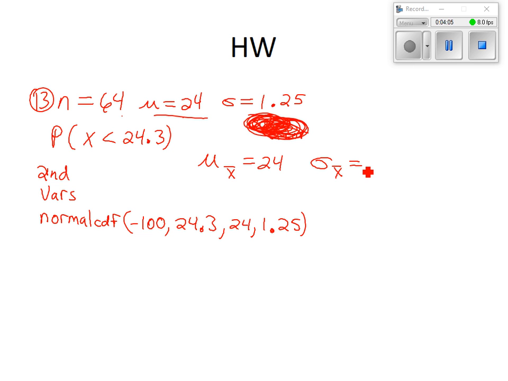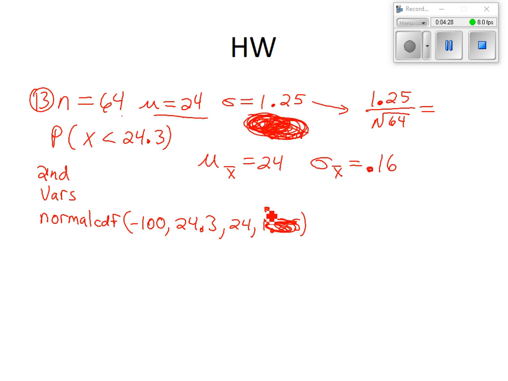We do 1.25 divided by the square root of n, which is 64. So we need that number. I think it's 0.16. That's what I got.